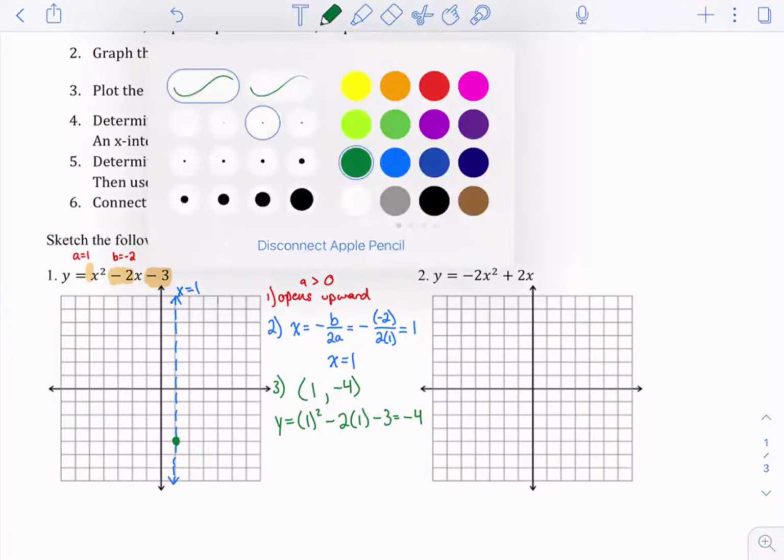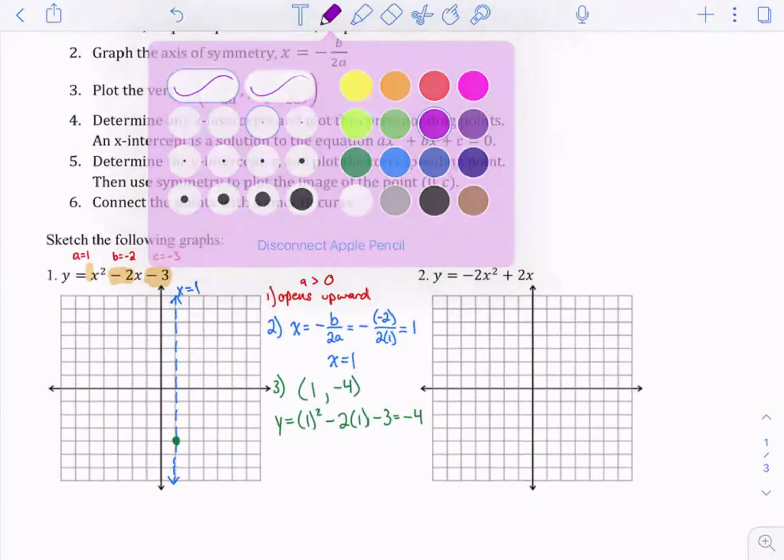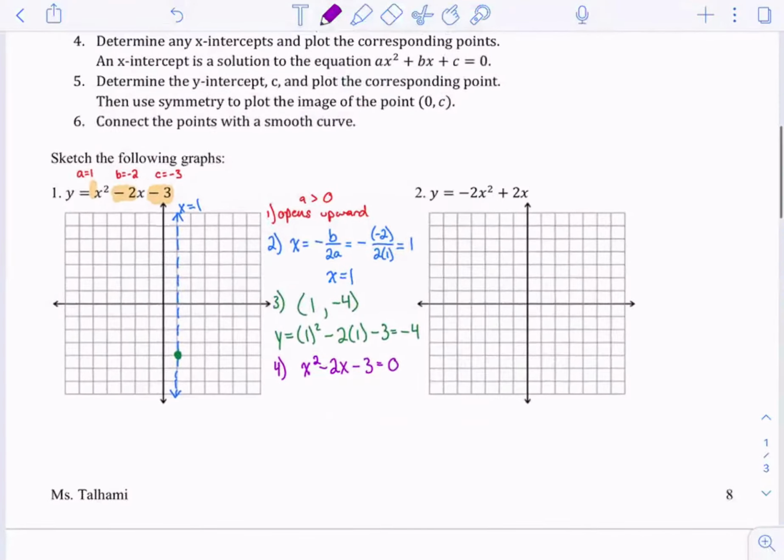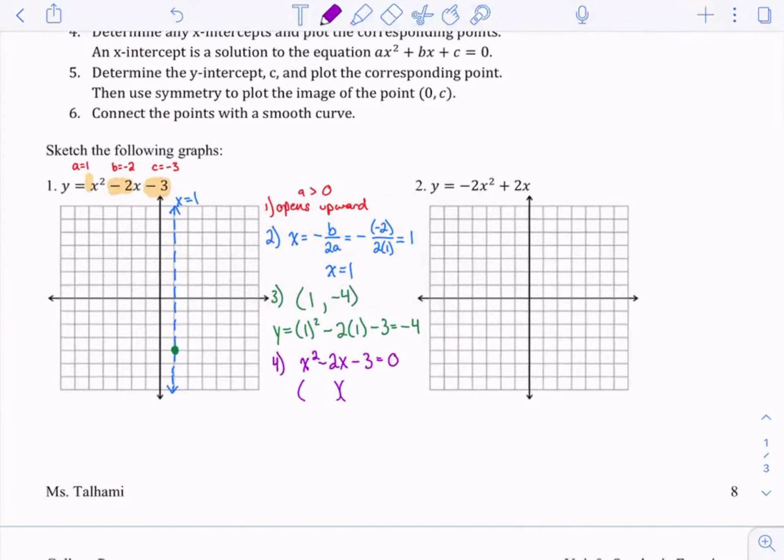Then for step number 4, we want to determine any x-intercepts. So to determine x-intercepts, we want to set this equal to 0. If you guys remember, we actually learned how to factor such quadratic equations. So if you remember how to factor, this is add, multiply. So two numbers that add to give us -2, but multiply to give us -3.